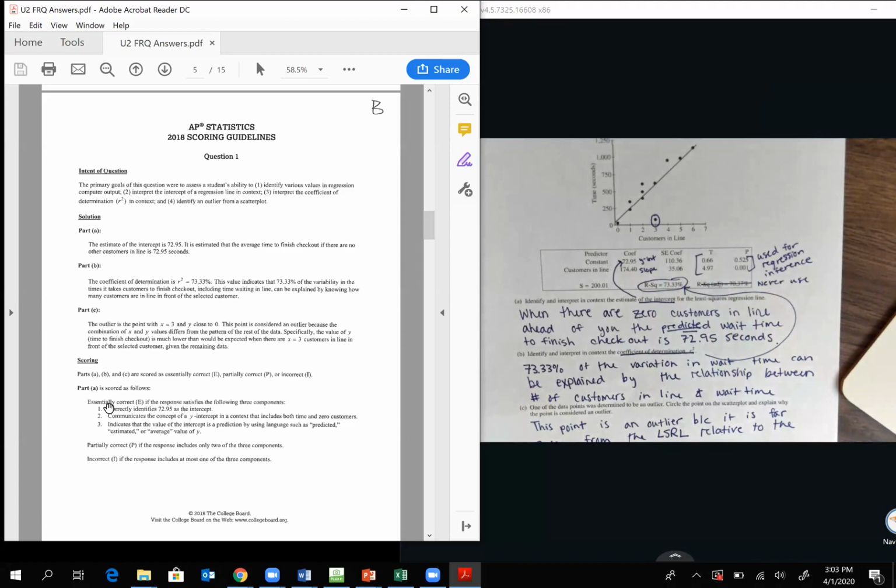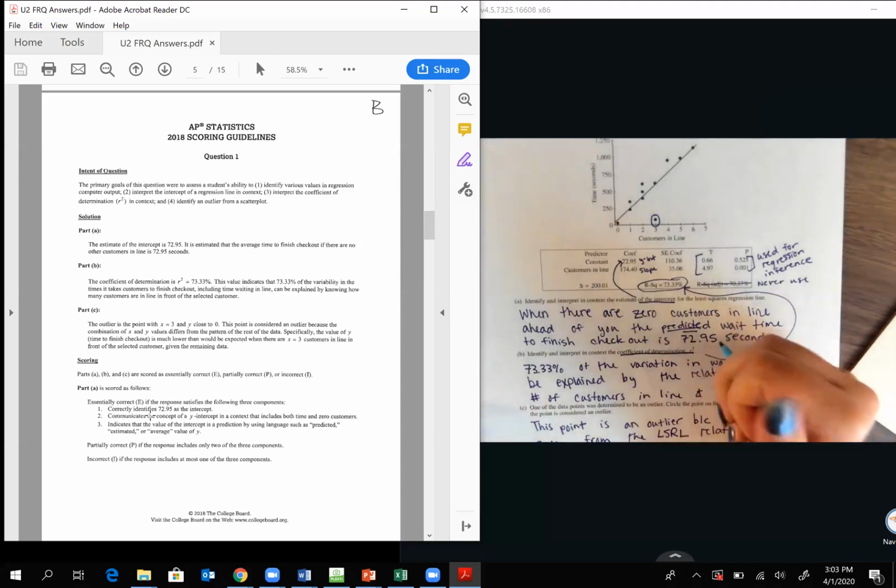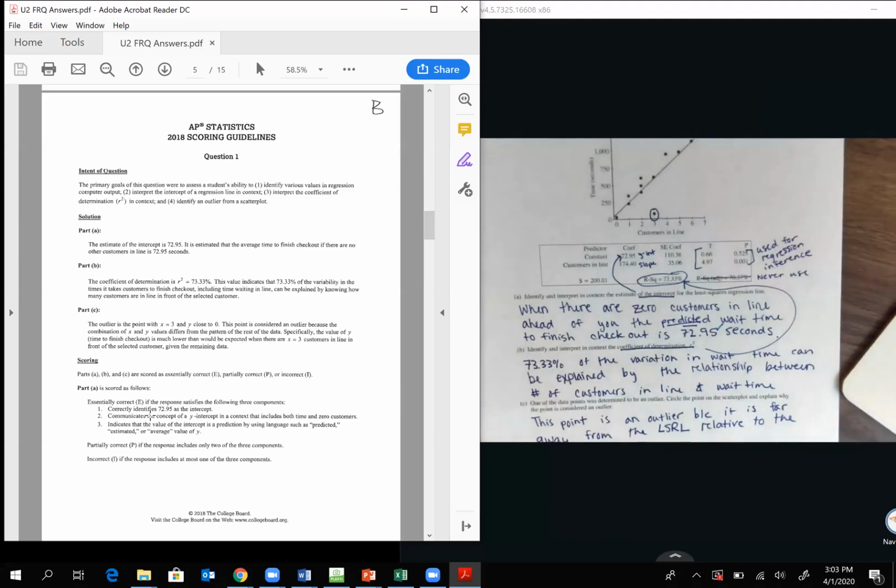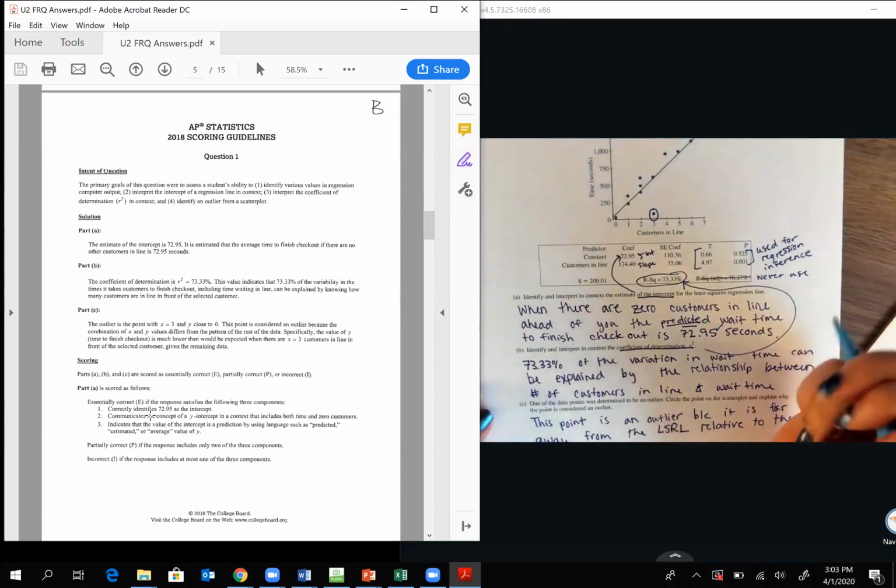I can look at the scoring down here. I need the following 3 points. Correctly identified 72.95 as the y-intercept. I did that. Communicates the concept of y-intercept in a context that includes both time and 0 customers. So I had 0 customers and I talked about time.